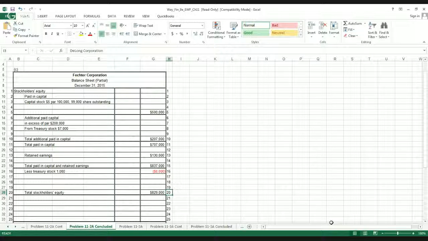So that's $829,000, which is our total stockholders' equity section of the balance sheet for December 31st, 2015. That matches up with what we have. So this is how we do it. Really, we're just keeping account of the treasury stock transactions. Otherwise, if you have any questions, let me know.